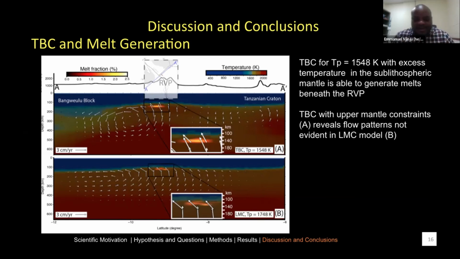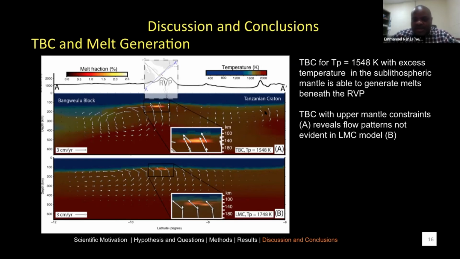The important thing here is what improvement we have made in our model. Once we include upper mantle constraints from shear wave velocity perturbation, like in the top panel, we reveal some flow patterns that are not evident in the case where we model the convection simply from lithospheric modulated convection.